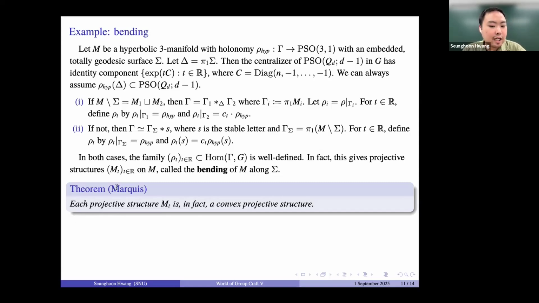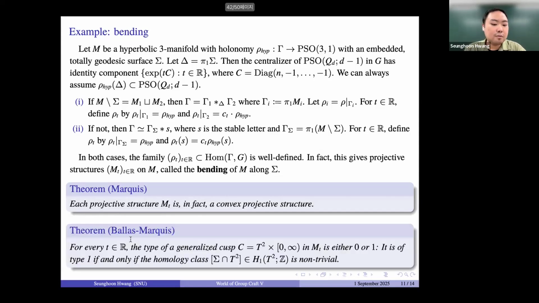And what Marquis found out in 2012 is that each projective structure obtained by bending is in fact a convex projective structure. And what Ballas and Marquis found out is that by performing bending, the types of generalized cusps you can obtain are always either type 0 or type 1. Nothing else happens. And it is of type 1 if and only if a certain homology class is non-trivial.